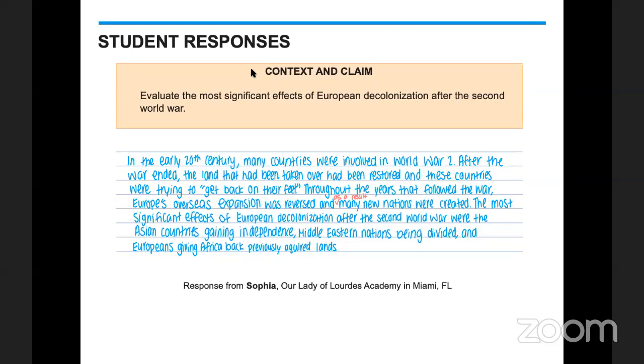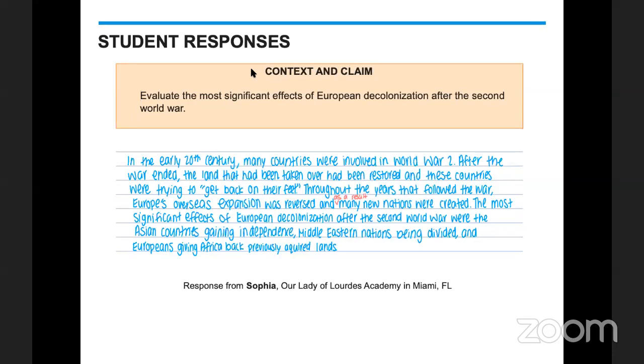So Sophia writes, and please follow along again, in the early 20th century, many countries were involved in World War II. After the war ended, the land that had been taken over had been restored, and these countries were trying to get back on their feet. Throughout the years that followed the war, Europe's overseas expansion was reversed, and as a result, many new nations were created.